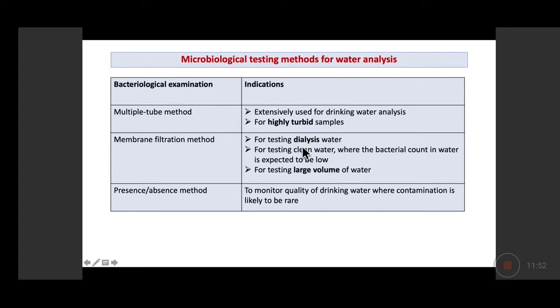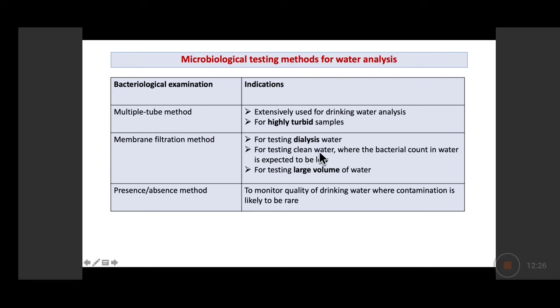This dialysis water, in the end, when we are performing dialysis, comes in contact directly with the blood of the patient. There is a dialysis membrane. So if the dialysis water is not pure, not free from microorganisms, then there might be bloodstream infections in the patients who are receiving dialysis. So testing of dialysis water is a must.